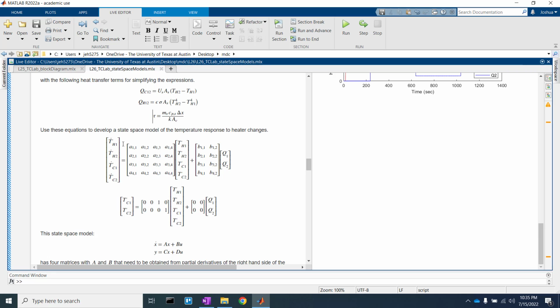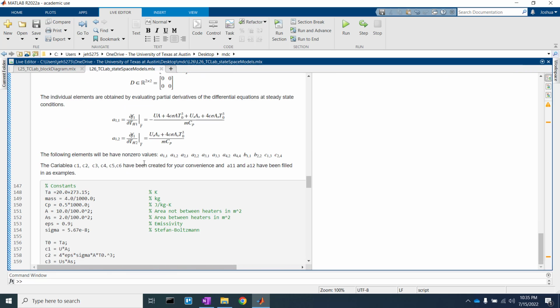So derivative of our temperature with respect to H1, just kind of thinking through what's going on, is going to be equal to negative UA plus 4 times epsilon sigma A times T naught to the third, plus US AS plus 4 epsilon sigma AS T naught to the third again, divided by mass times heat capacity.